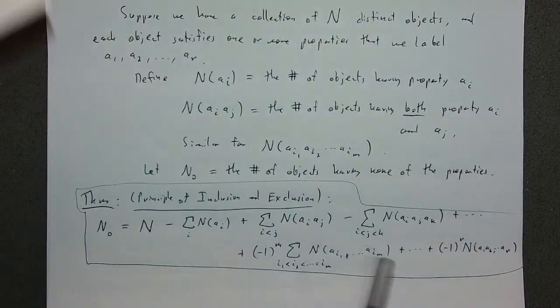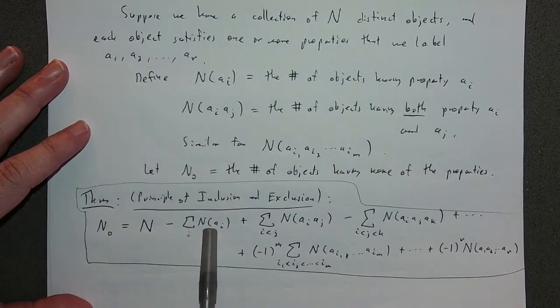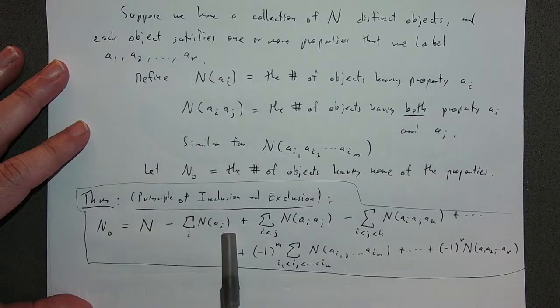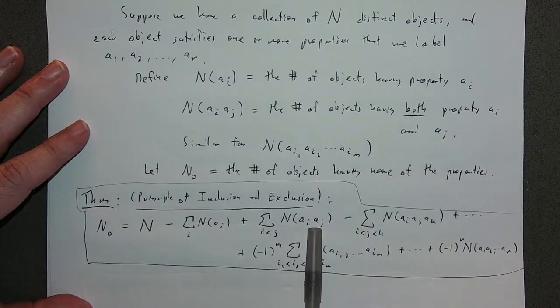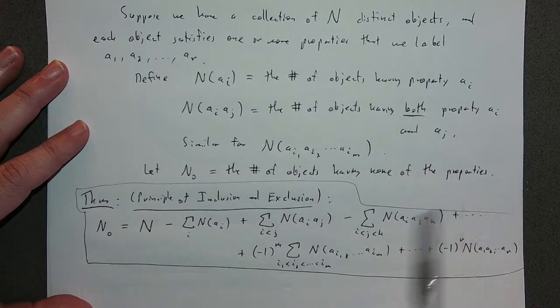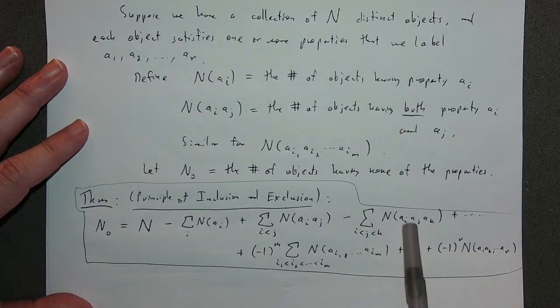But ultimately, the point is it's alternating, and it's alternating as here's the sum of the number of objects having the properties taken one at a time, and then alternating sign, sum of numbers of objects having properties taken two at a time, alternating sign again, the sum over the number of objects having properties taken three at a time.